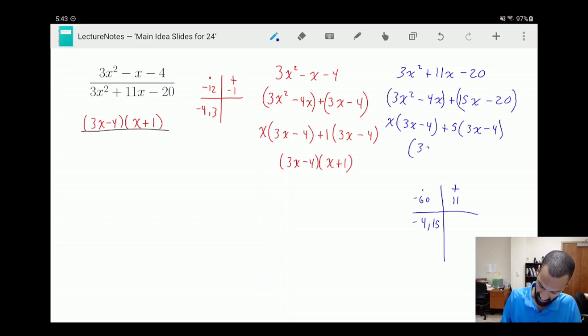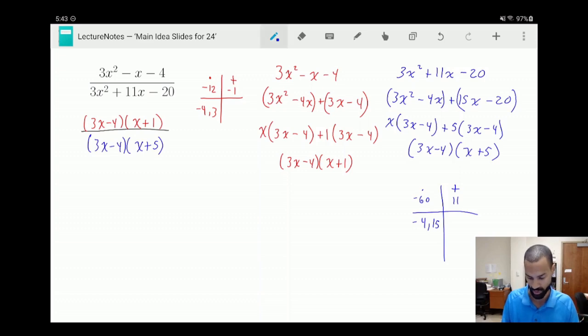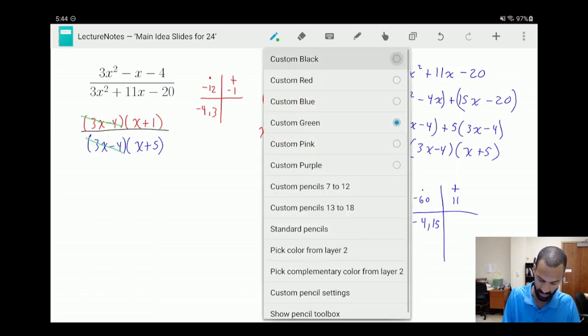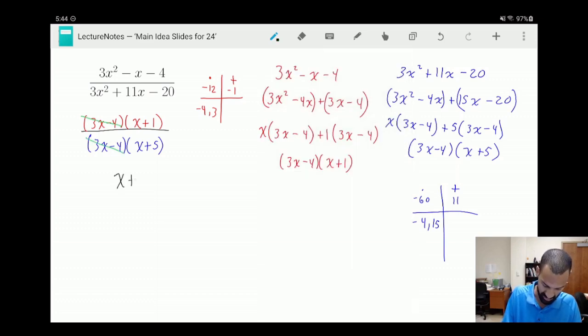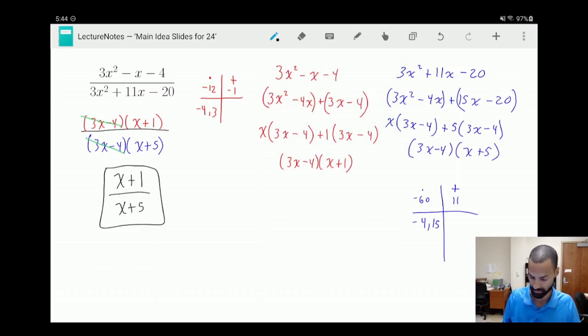So overall I have 3x minus 4 times x plus 5. That's my denominator, 3x minus 4 times x plus 5. Once you factor the numerator and the denominator, it's usually pretty easy to see. 3x minus 4 over 3x minus 4 will cancel out, leaving me with x plus 1 over x plus 5. Okay, let's do another one.